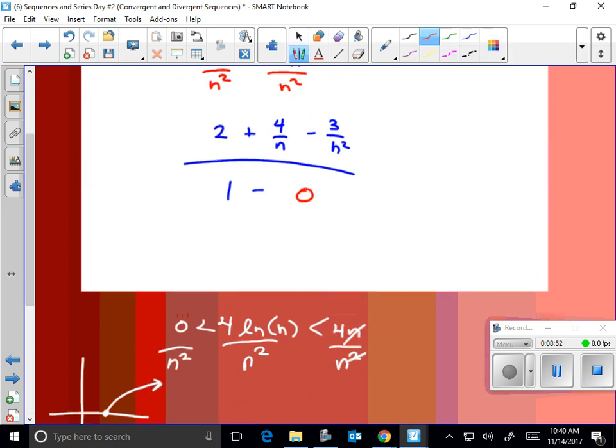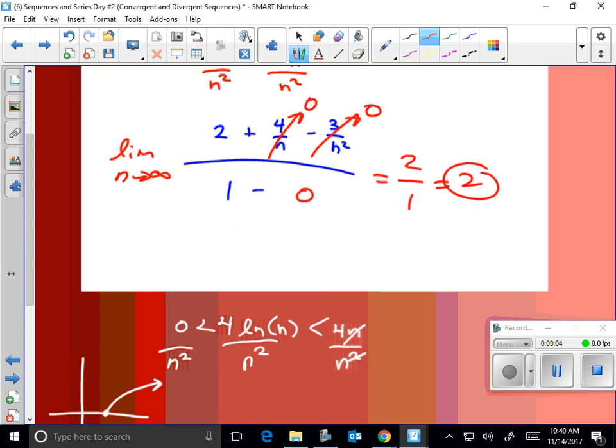We could throw 0 in there. And as we take the limit as n goes to infinity of said thing, this will go to 0, this will go to 0, and we get 2 over 1. So good guess for those of you who thought 2. Now that 4 natural log of n over n squared won't always converge. Won't always, but in this case it did.